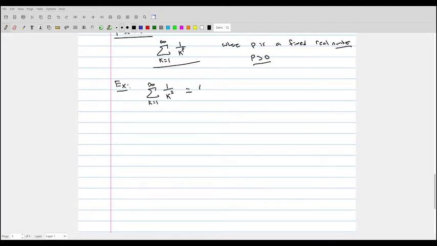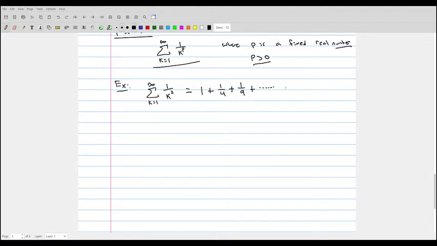So this is like saying 1 over 1 squared, so it's 1 plus 1 over 2 squared, or 4, plus 1 over 3 squared, or 9, and so on and so forth, all the way to infinity.